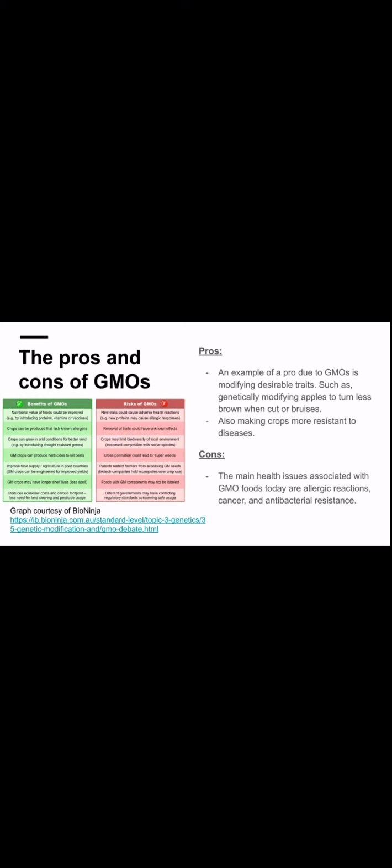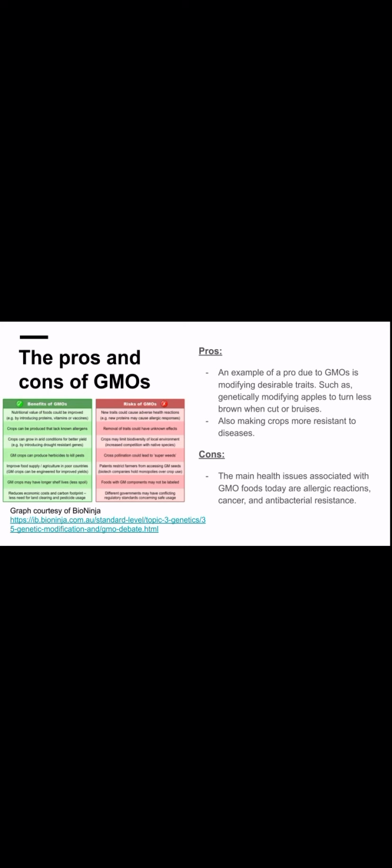Another pro, crops are more resistant to diseases. As mentioned, the crops that are genetically modified produce a herbicide to kill the pest. Therefore, they are more resistant to disease.